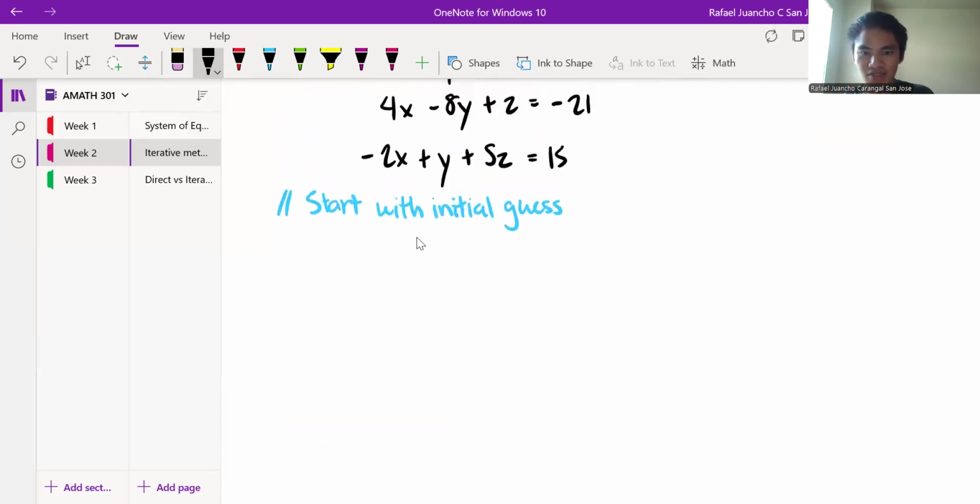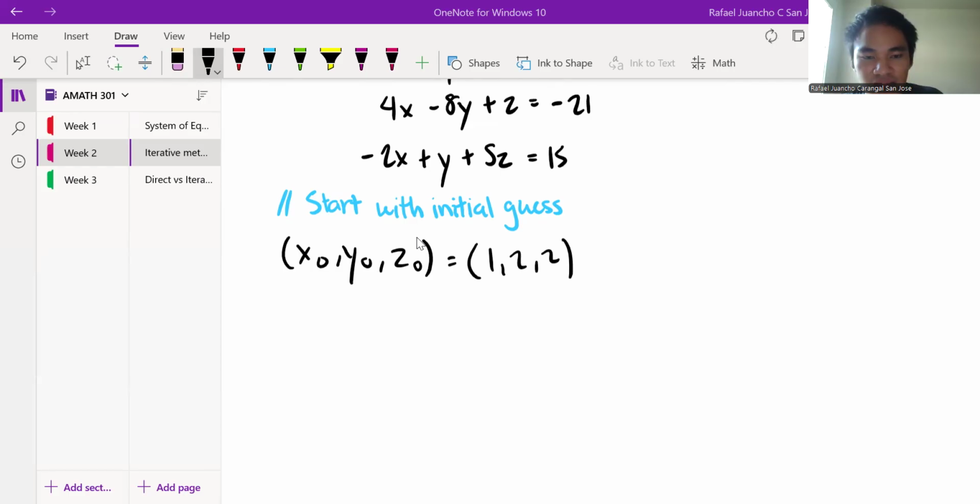My initial guess, my x naught, y naught, z naught, combined into an ordered triple, is equal to 1, 2, 2. I'm just copying what the textbook is saying.